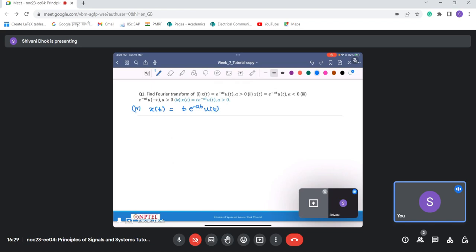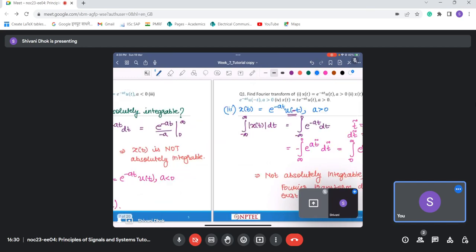Now what we can do is we can write this x of t as multiplication of two functions. So we can write this as t into x tilde t, where x tilde t is equal to e power minus at u(t).